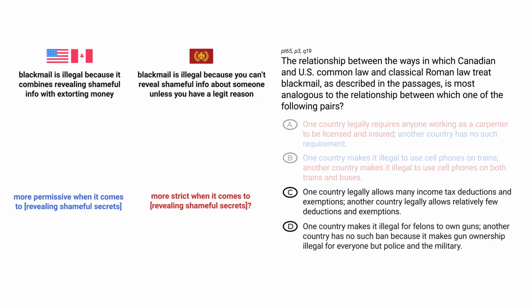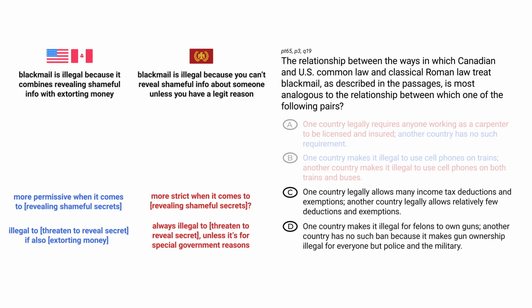In D, it sounds like the first country allows gun ownership for everyone but a specific group. Whereas in the second country, Rome, gun ownership is illegal for everyone unless it's like a government thing. So that starts to sound pretty close. Let's think about how we would actually relate felons to any of this.